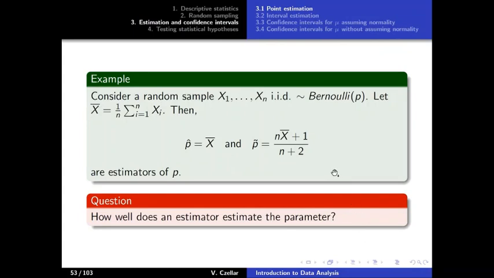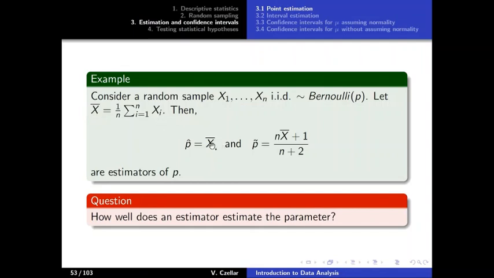Now, let's be concrete. Let's take a random sample from a Bernoulli distribution in which we have a parameter p that we would like to estimate. Now, any function of the random sample would be an estimator of p. Denote by uppercase x bar the mean of this random sample.